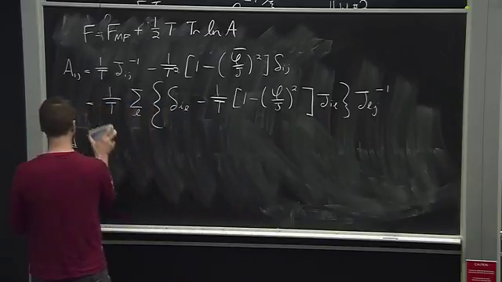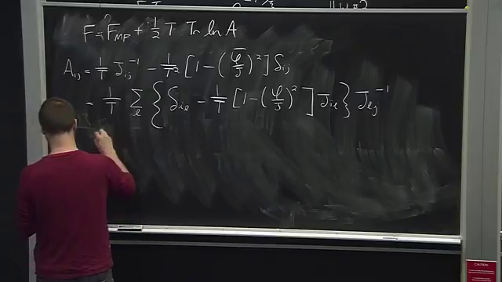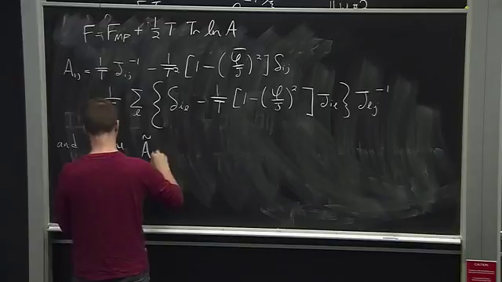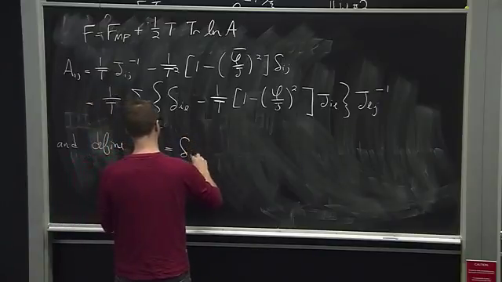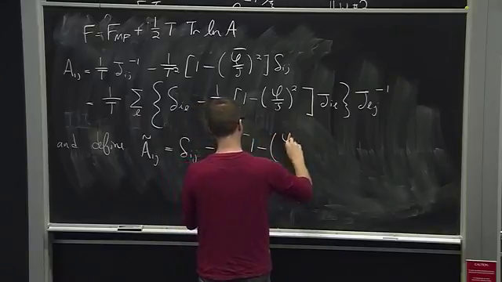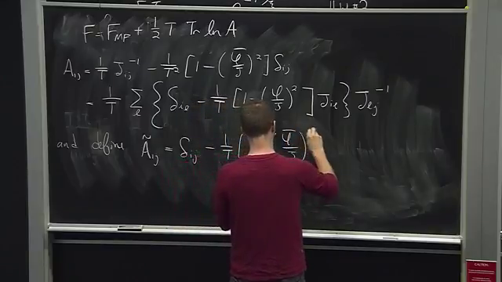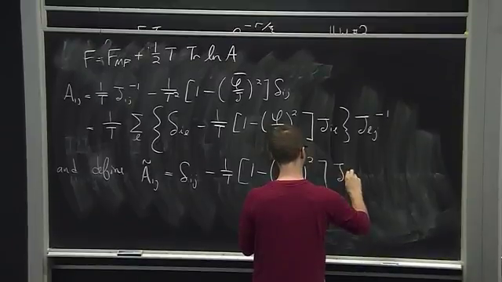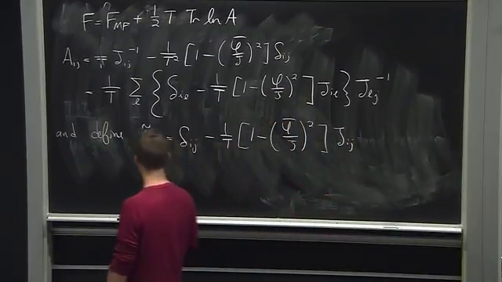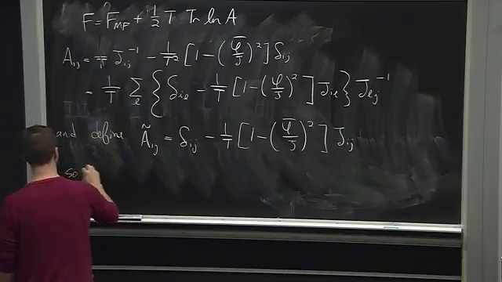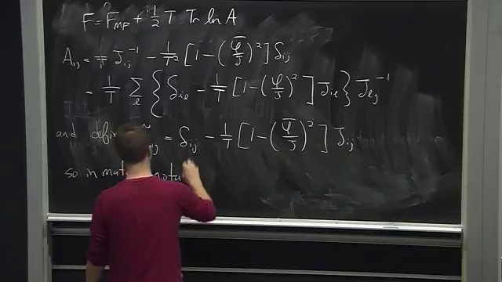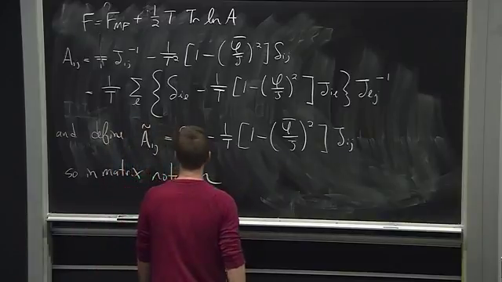You call it B or something, but call it A tilde. So in matrix notation, without these indices, what do I have?